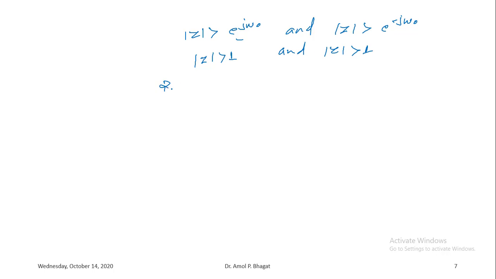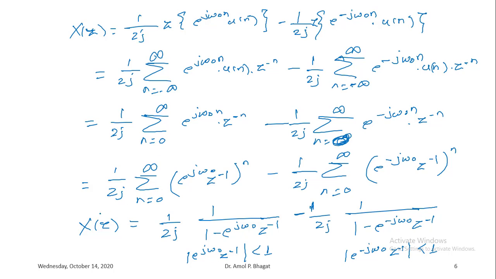So ultimately here you can write it as mod z is greater than e to the power j omega 0 and mod z greater than e to the power minus j omega 0. Okay. So again this e to the power j omega 0 and e to the power minus j omega 0 will have magnitude 1, so mod z will be greater than 1 and mod z greater than 1. Okay, so overall ROC will be mod z greater than 1. Okay, and the required Z transform will be this one.